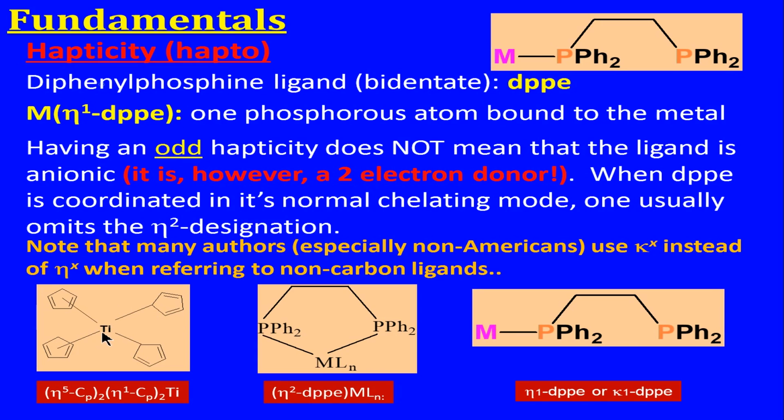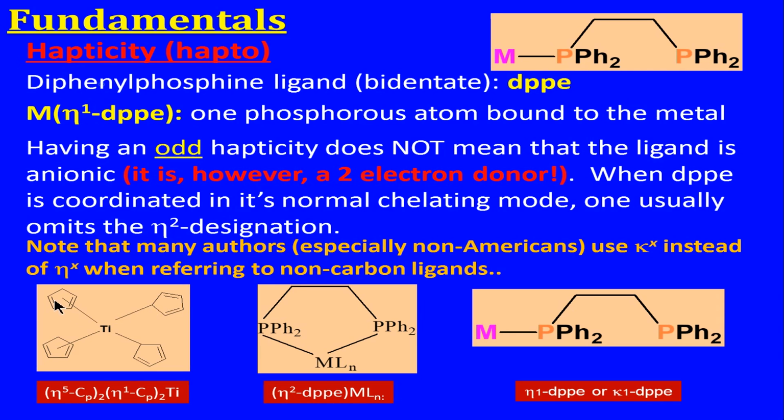In this structure, the titanium is bound to 4 Cp, but the mode of binding is different. In the first, it's bound to one carbon of a pi system, so this is hap1 Cp.